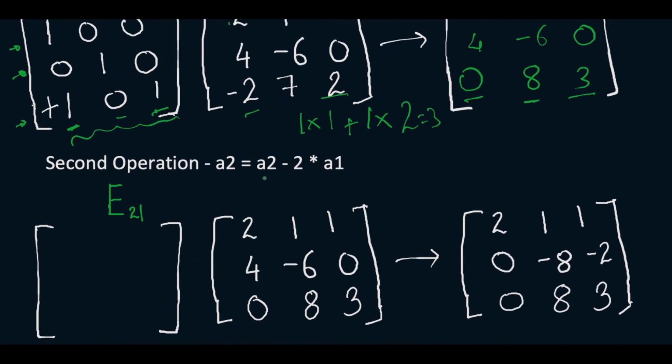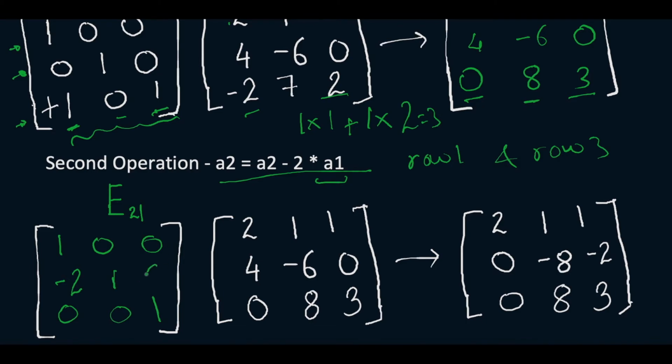Now our second operation is A2 equals A2 minus 2A1. So our row 1 and row 3 do not change. Let us first write our row 1 and row 3. Now A2 is changed to A2 minus 2A1, so the coefficient of A1 here is minus 2, and A2 is 1 and this is 0. The multiplication of these rows will give us the same rows on this side.